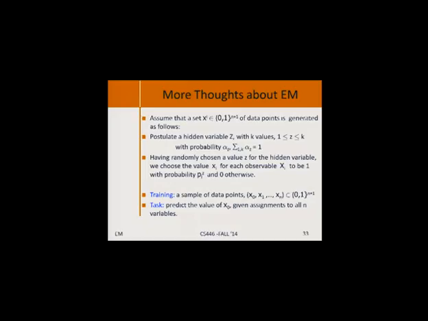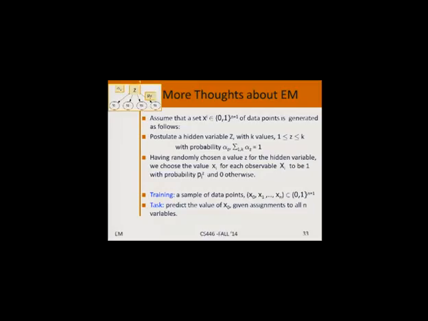As a function of the value z, the hidden variable, I'm generating the xi's. And I have some probability distribution, piz. Once z is 7, I have n plus 1 probabilities, p0,7, p1,7, and so on, to generate the xi's.